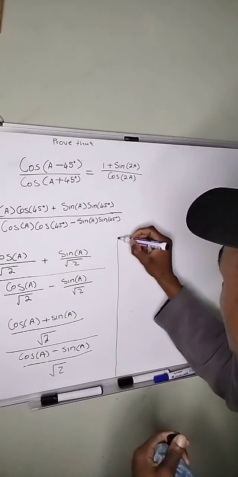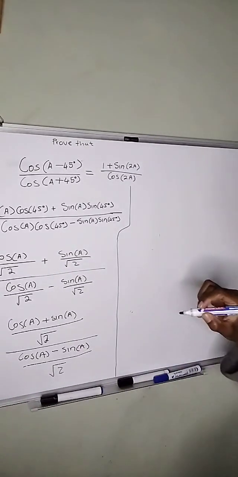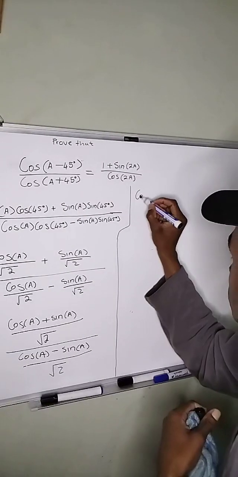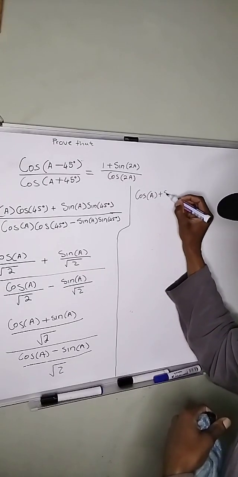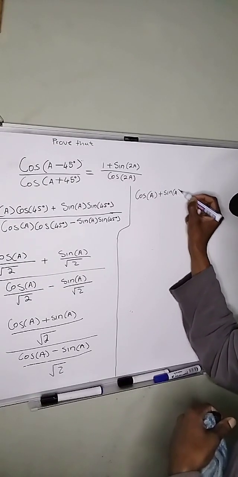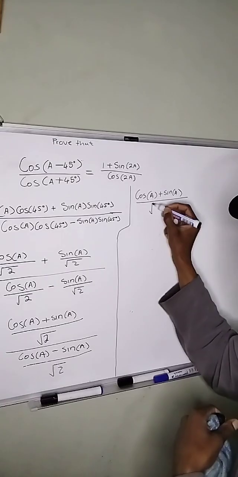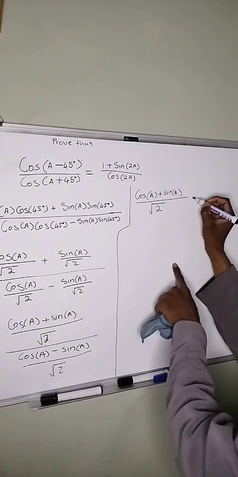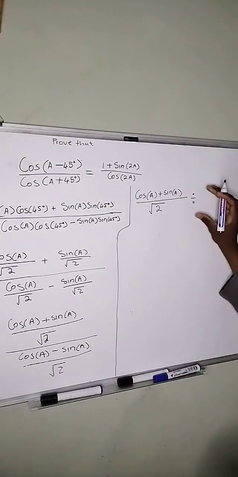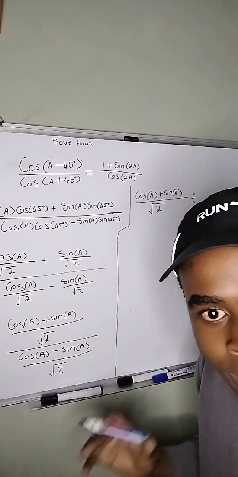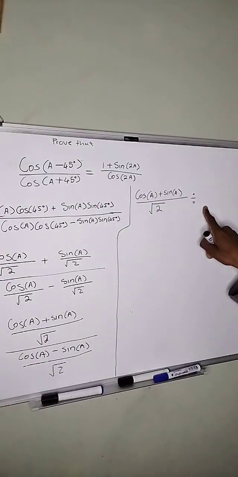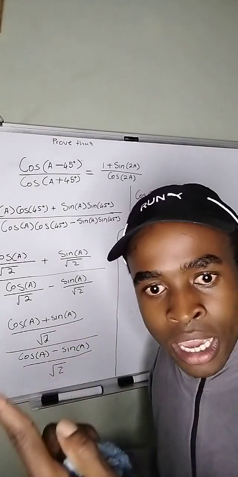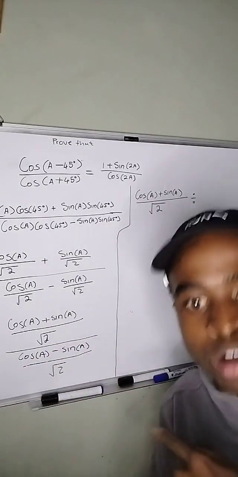I'm going to write cos A plus sine A over root 2 divided by. There's nothing new that I'm doing. I'm just changing this line into this division sign, because I'm avoiding A over B over C over D over E.